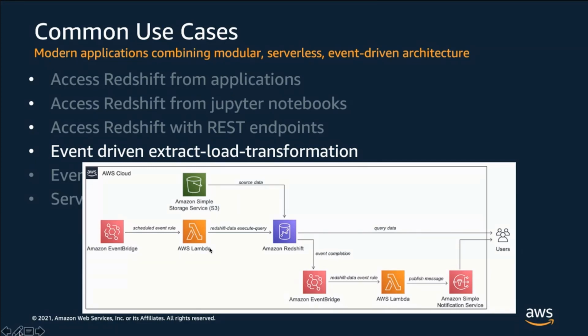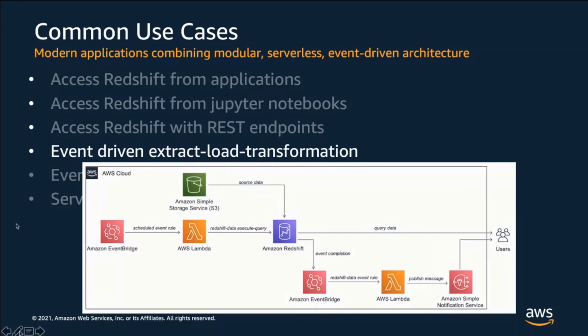This Lambda function then runs your ELT pipeline to load the data from Amazon S3. And once the data is loaded, you can send a notification to the analyst team about availability of fresh data so that they can start working on it.